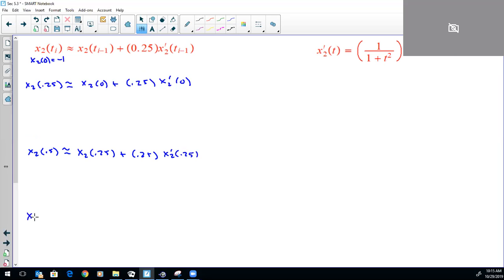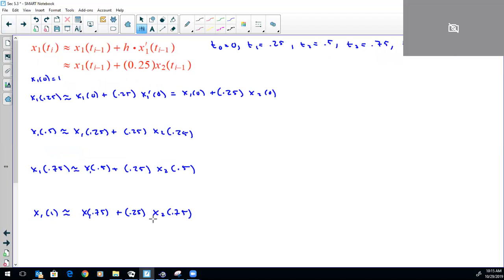And then x2 of 0.75 will approximately be what we had at 0.5 plus our step size times x2 prime of 0.5. And that's as far as we need to go, because our x1 only needed x2 at 0.75.